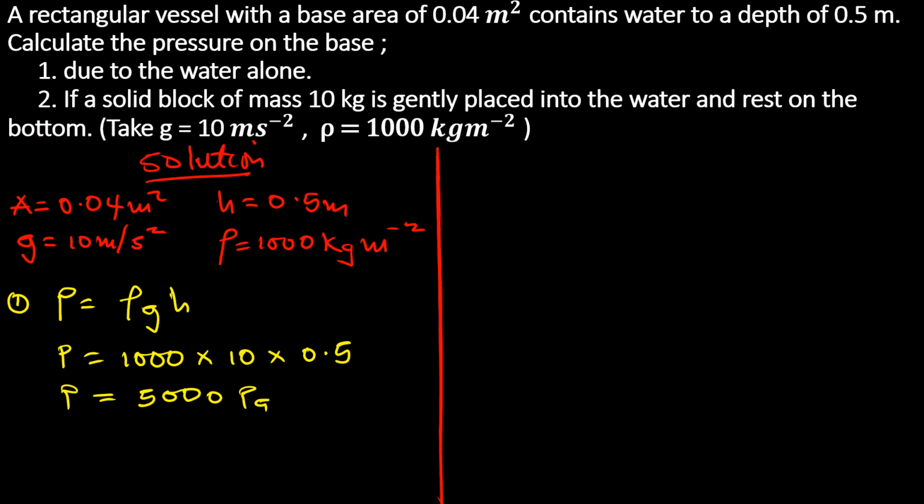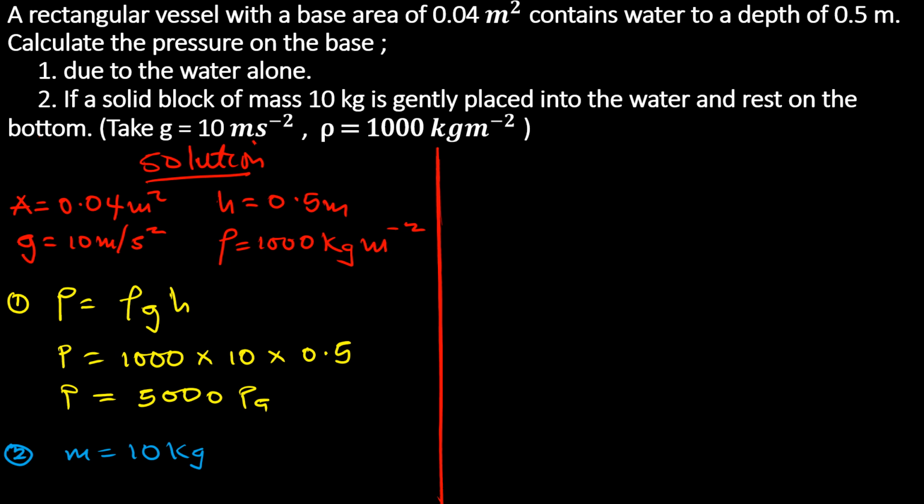Question 2 says a solid block of mass 10 kg, so a mass m of 10 kg, was placed in the water and rests on the bottom. Meaning the base of the rectangular vessel is now experiencing two pressures.